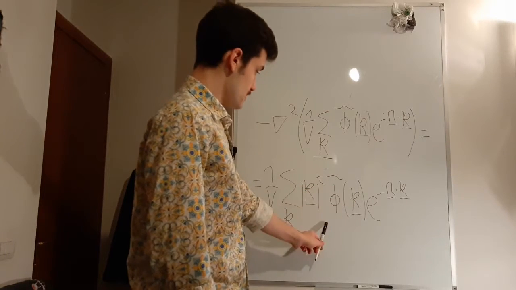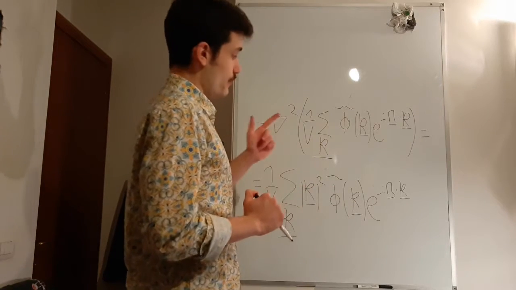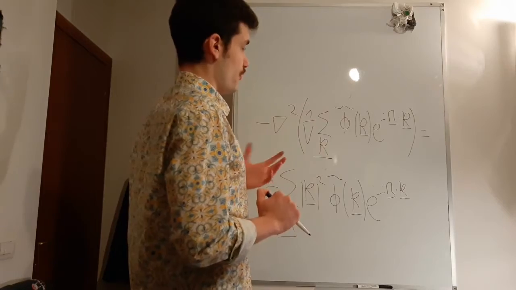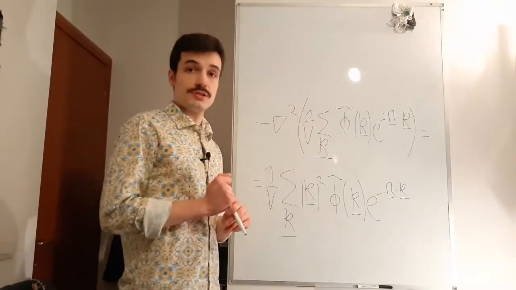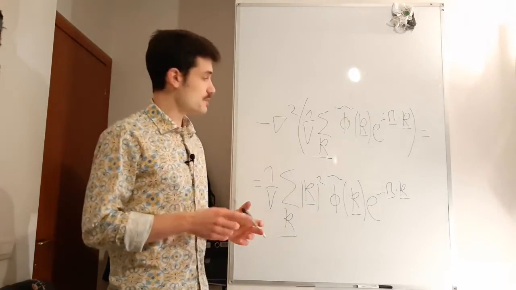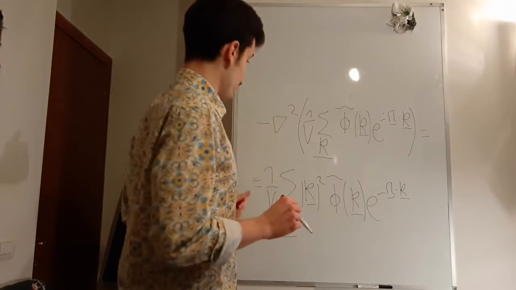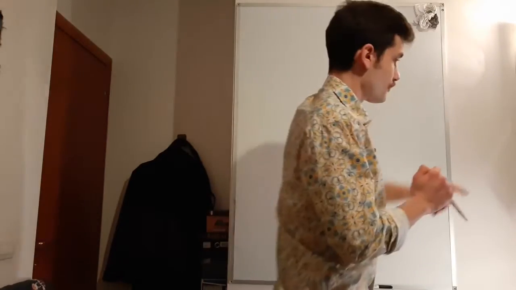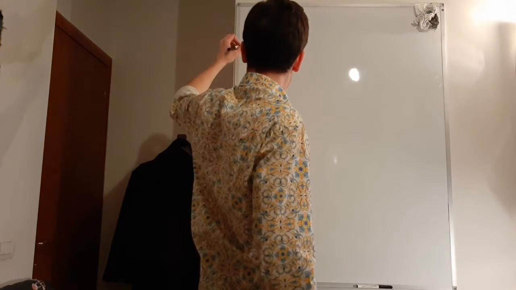And now, with this expression, remembering the expression of the charge density, we can go on and simplify the equation even more. In fact, we can have something in the form of this.